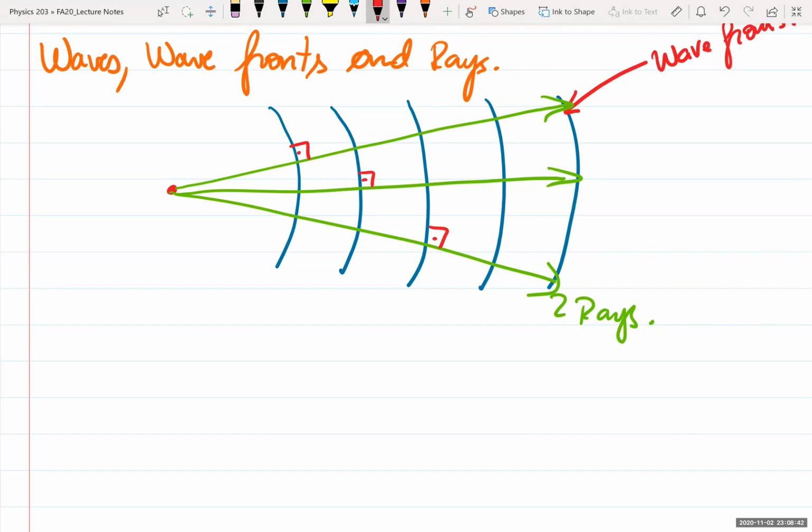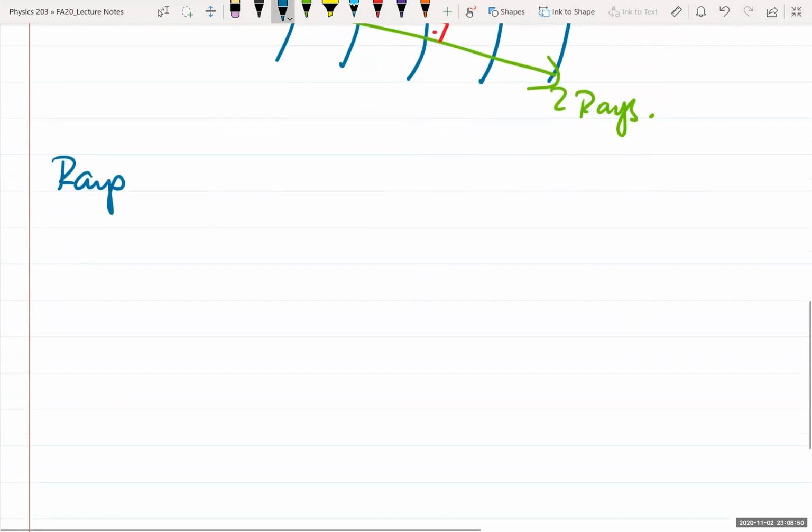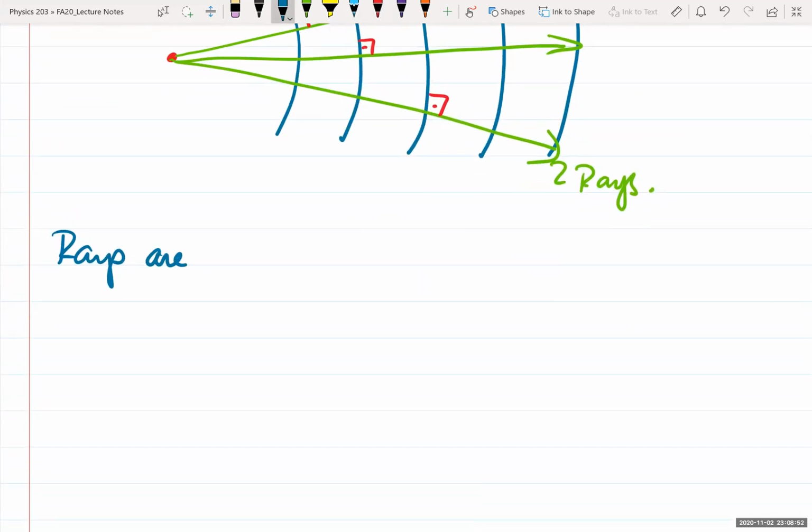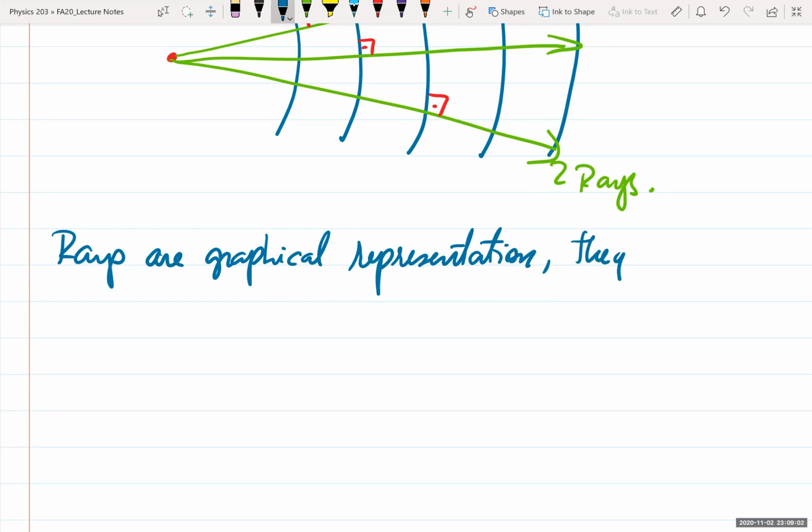Okay. And rays are graphical representations. They are not real.